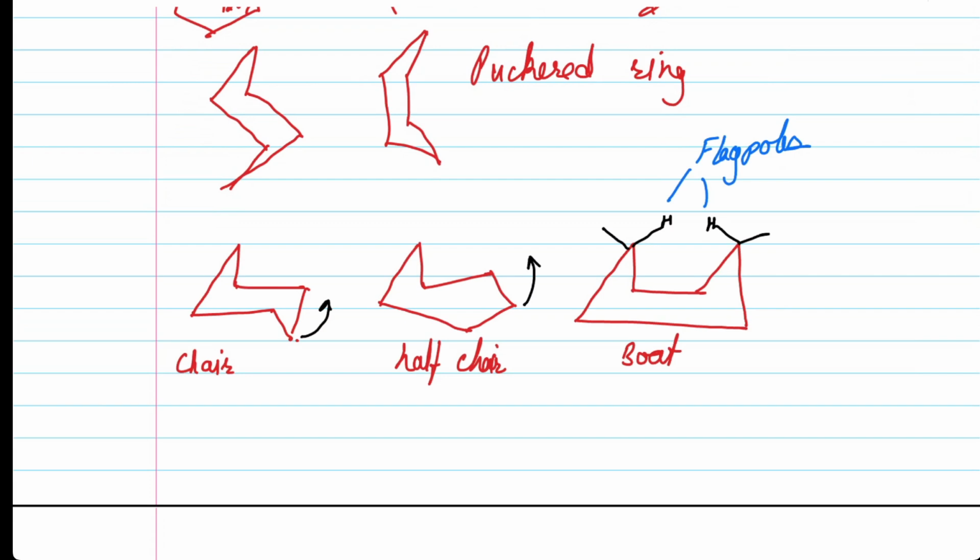Due to the flag-pole interaction, or simply FP interaction, the boat structure becomes slightly unstable. The two hydrogens push each other and make the structure a bit twisted. So rather than a normal boat structure, we end up with what we call the twist boat structure.